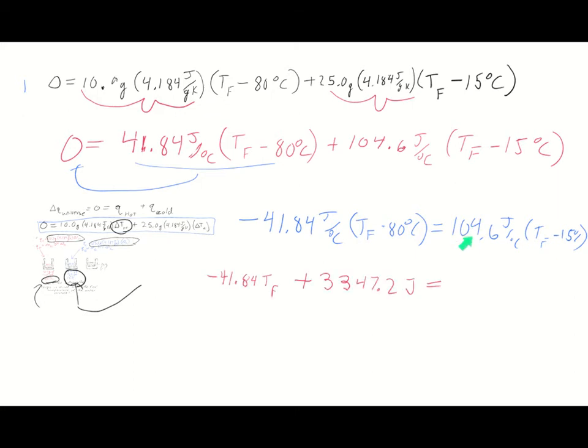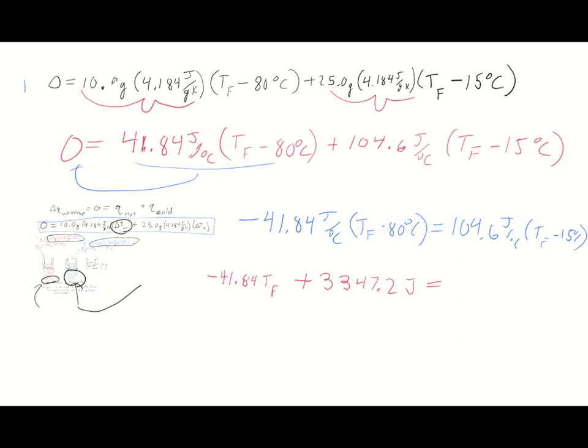I'm going to multiply my 104.6 times my TF and my 104.6 times my 15. And notice because I'm multiplying by a negative over here, my negative times a negative is a positive. That's why that's positive, but that remains negative.